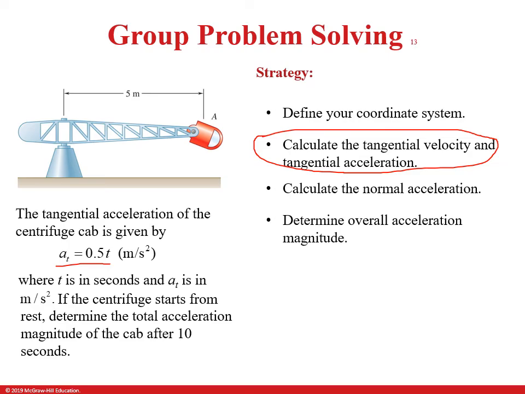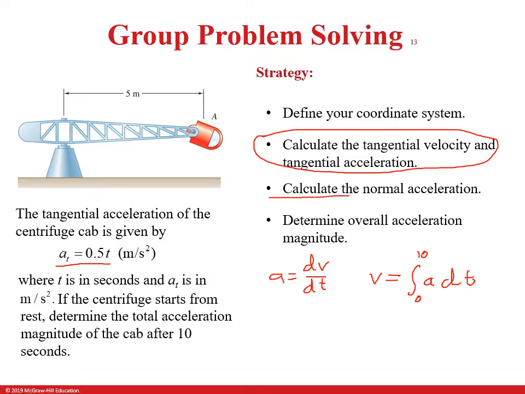And we're going to have to use an integral, I believe, because a equals dv/dt, so therefore v equals the integral of a with respect to t, right? So we'll have to integrate that from 0 to 10, and we'll see that on the next page.